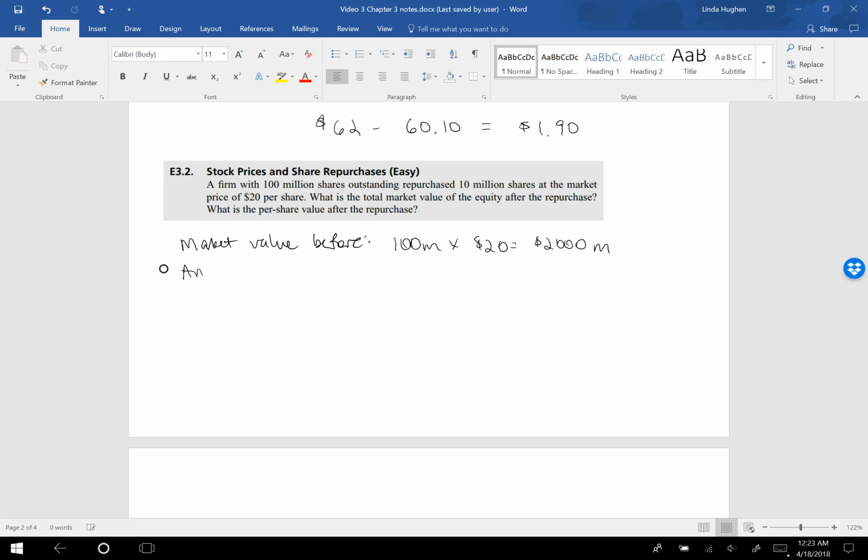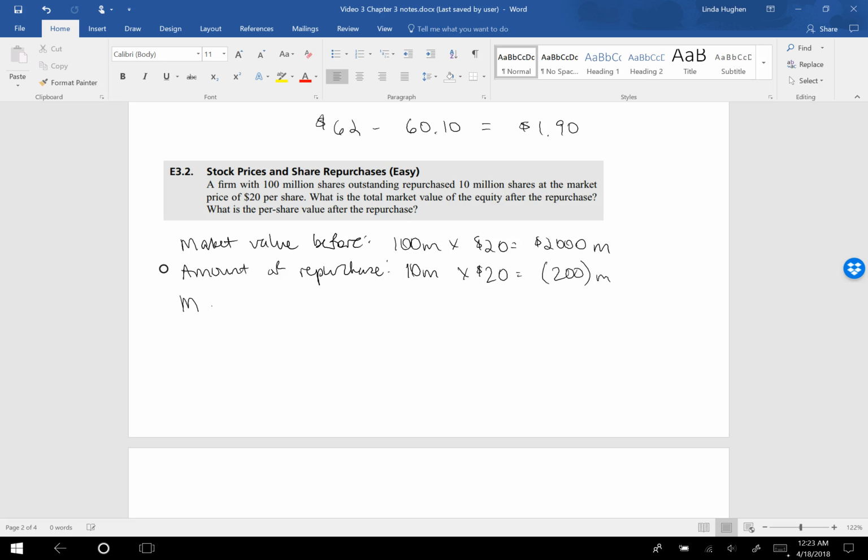The amount of the repurchase: remember, when we are dealing with treasury stock, we are reducing stockholders' equity. So we reduce stockholders' equity by 200 million.